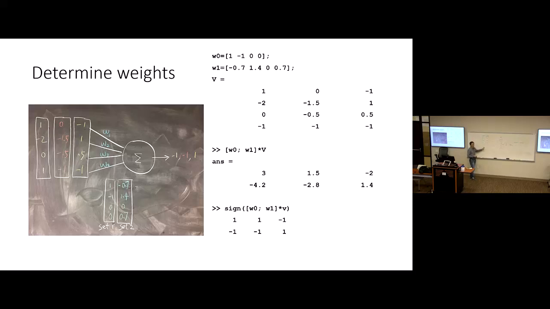So for these three training data points, this particular combination of my weights is a solution that will satisfy all of them, so they are predicted correctly. Then this classifier is set.